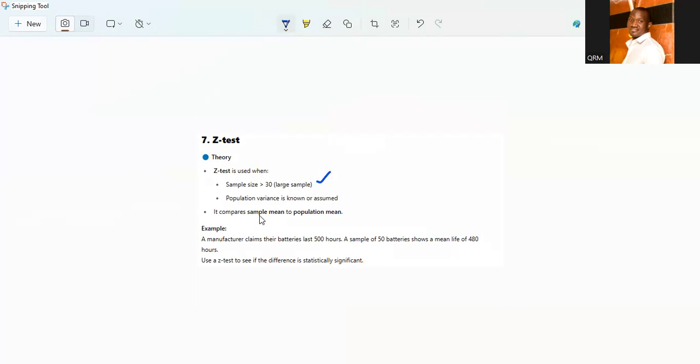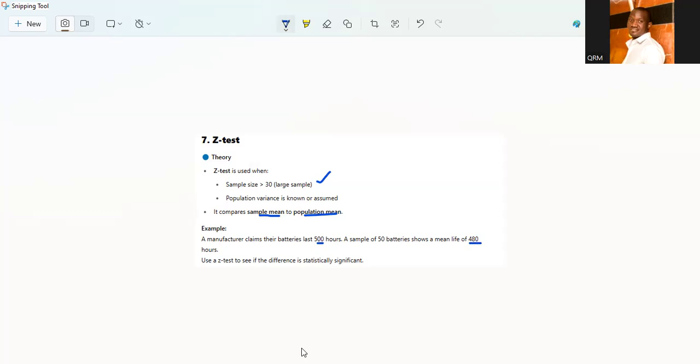It is used to compare sample means to the population. For instance, a battery claims to have 500 hours, and a sample of 50 shows that the mean lifespan is 480. You can use the z-test to test whether there's a significant difference between the two timings, right?